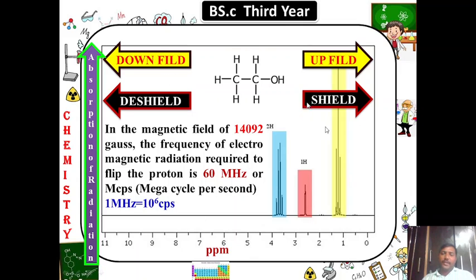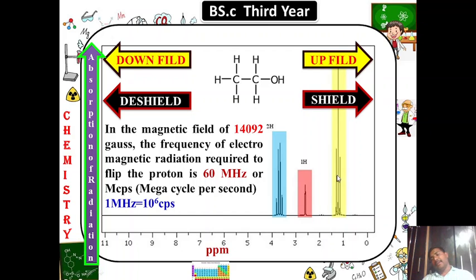This is upfield, near 0, the shielded zone, and downfield is 0 to 1 2 3 4 5 6 7 8 9 10. It goes toward the left side, that is the downfield, de-shielded region. The shielded zone is near 0, and the higher, the more shielded. These are the typical spectrum regions.